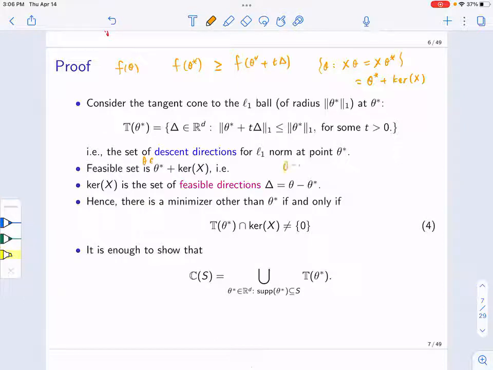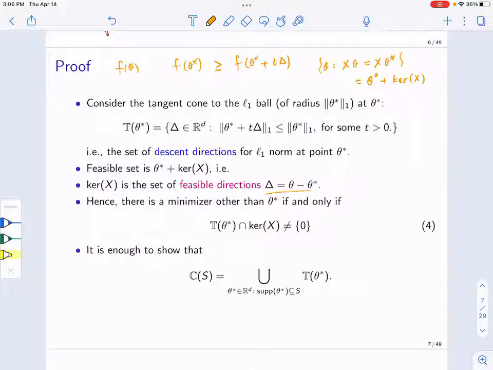So theta minus theta star, which is this delta, is a feasible direction. Okay, all the possible solutions can be obtained by adding these feasible directions to theta star.